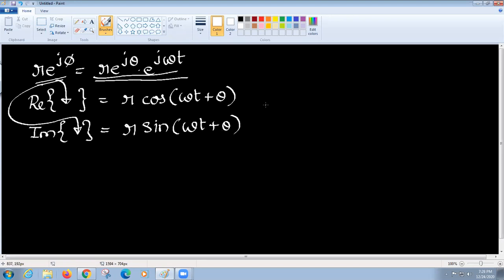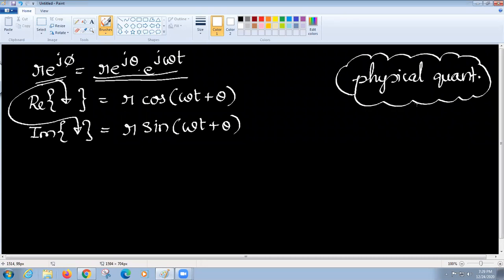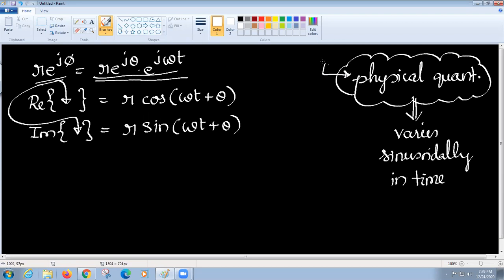Finally, if I introduce a physical quantity, we said that any physical quantity that varies sinusoidally in time, we would say this physical quantity is time harmonic. This is a time harmonic quantity.